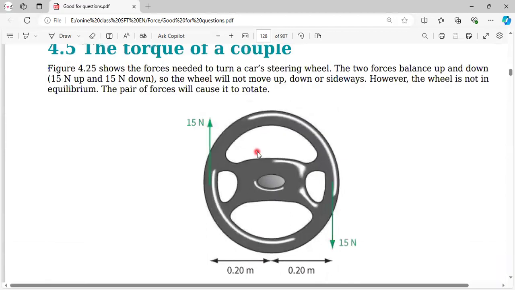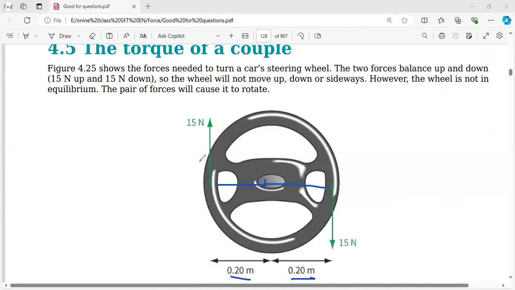For example, when you drive using the wheel, you can see these two forces applied by the hands of the driver. The force values are equal, they are parallel, and they are in opposite directions. From the pivot point they are located at the same distance, here to here and here to here, all 0.2.